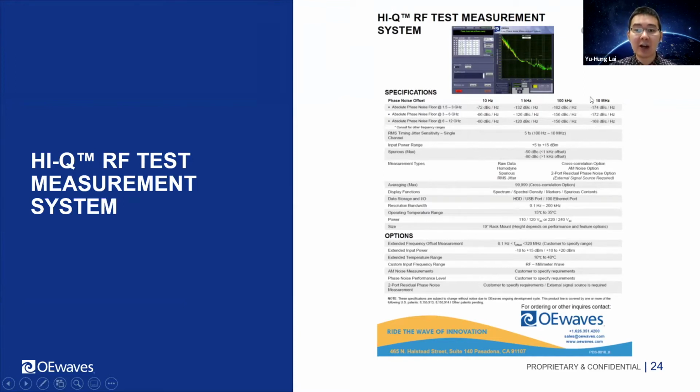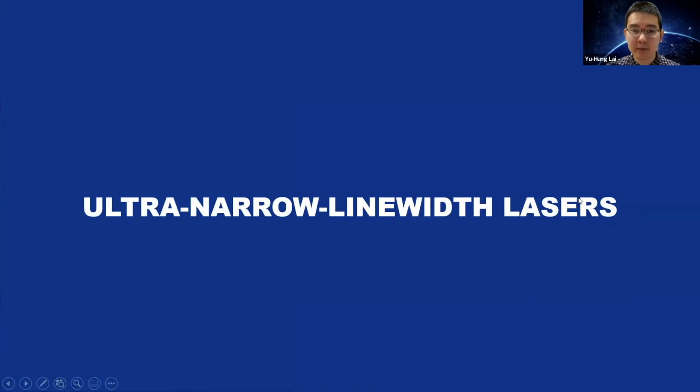That's very, very low, and achieves a high precision measurement for low noise amplifiers or low noise high frequency photonic systems. This kind of system can also characterize with a resolution bandwidth from 0.1 to 200 kilohertz, so it can measure the signal at a very precise level.